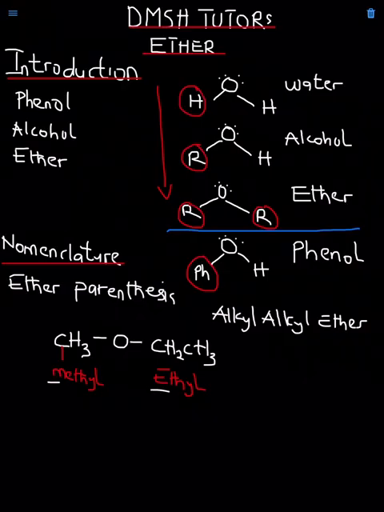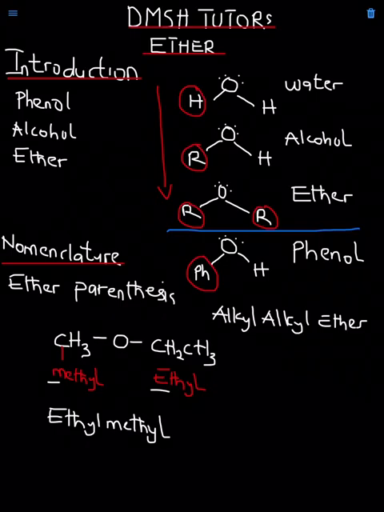E comes first before M. So therefore you say ethyl, methyl, then you name the middle one, that's oxygen, that's ether. As simple as that. This is how to name this compound: ethyl methyl ether.